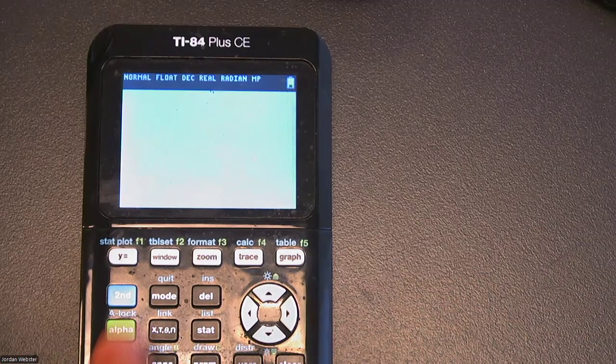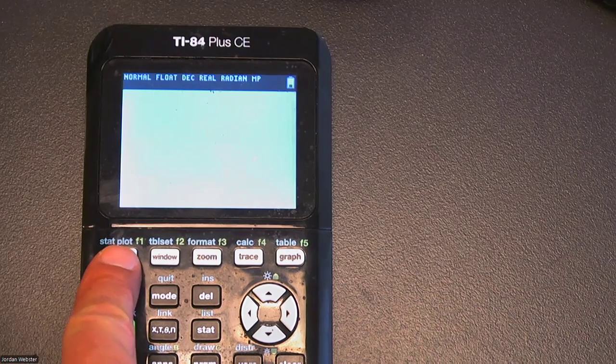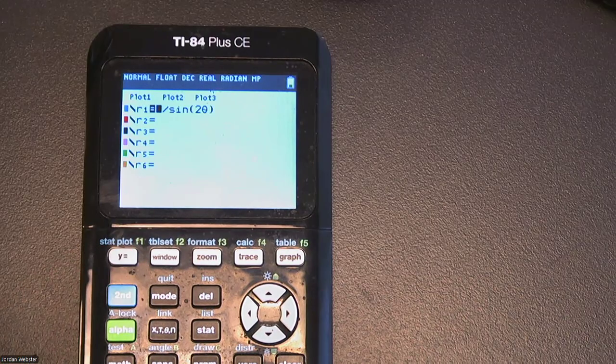Now it gives me the variable theta. And when I go to my y equals, all of the graphs are going to look like r equals and then some function of theta.